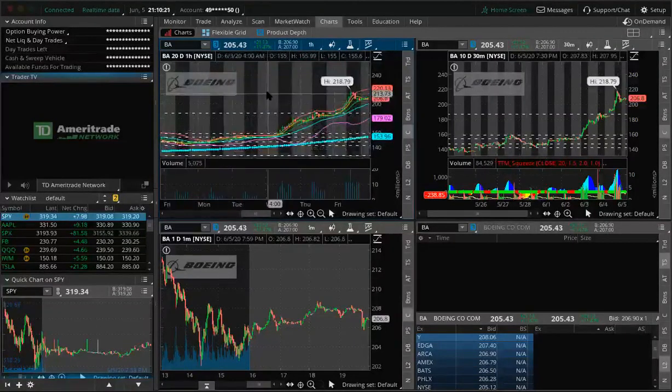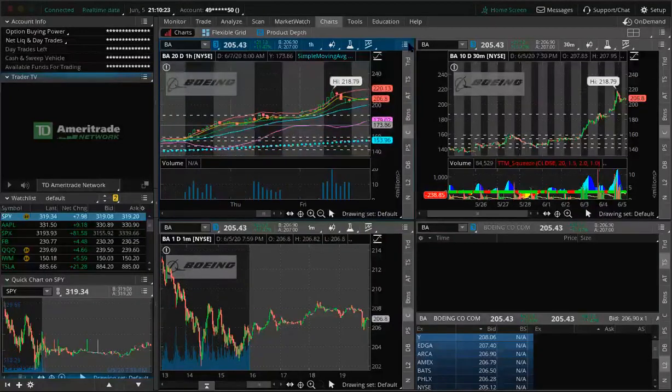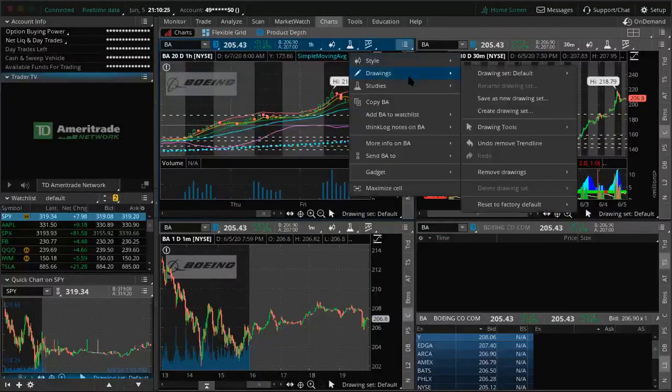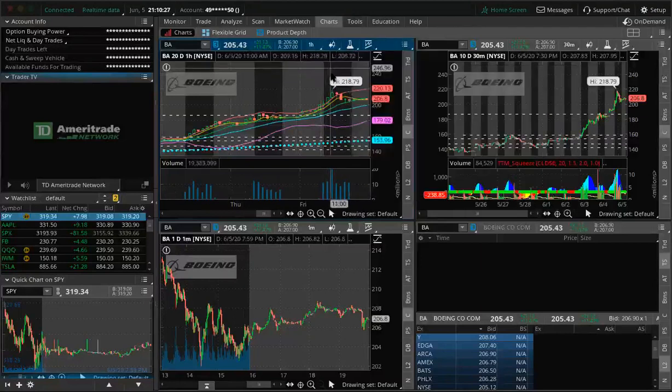So right now, I am using simple moving averages along with the Bollinger Bands indicator. So we have some questions. The 50 cross 200 in daily.